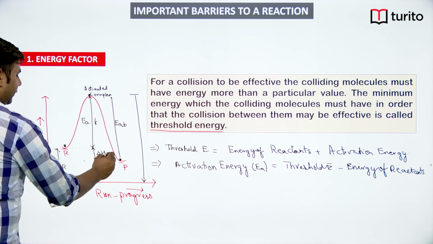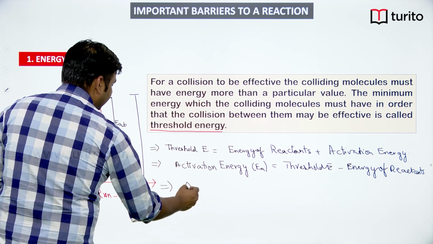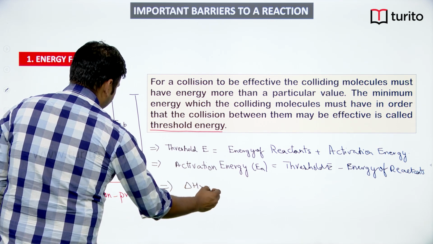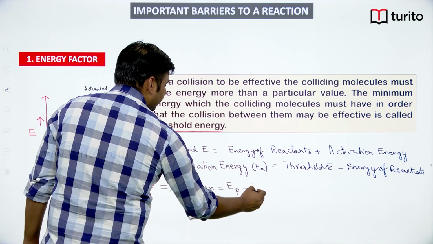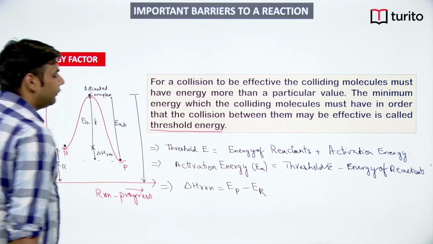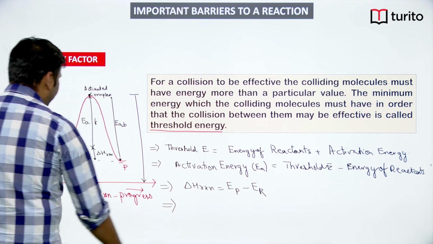Okay. So I can also say that delta H reaction is energy of product, P is your product, minus total enthalpy of reactant or energy of reactant. I am showing it by E, but it is actually enthalpy.